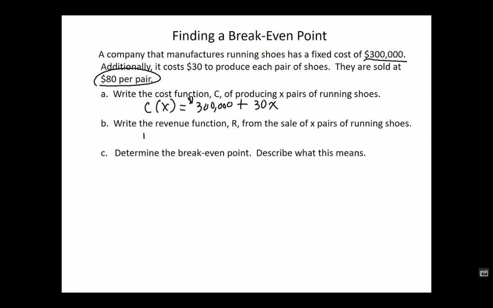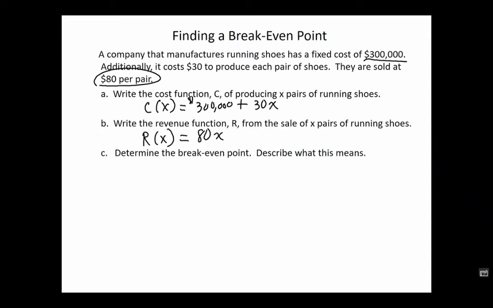So we have R of X, the revenue function expressed as a function of X. In this case, the revenue is going to be $80 times the number of pairs of shoes sold. So let's call it X. So that's the revenue function, 80 times X.